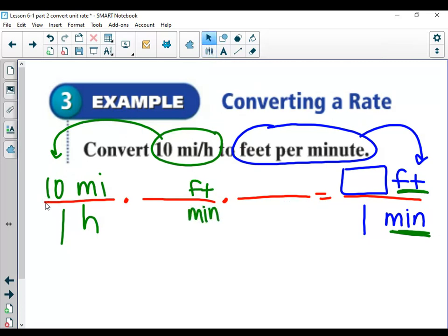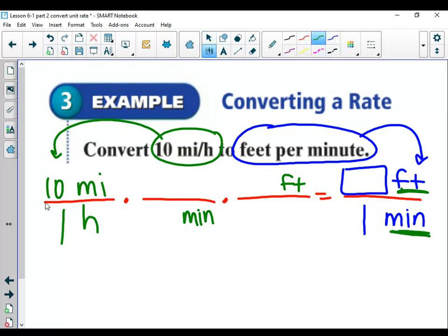If you want minutes here, feet's over there. Since we're going to multiply eventually, the order does not matter, but feet does have to be on the top.